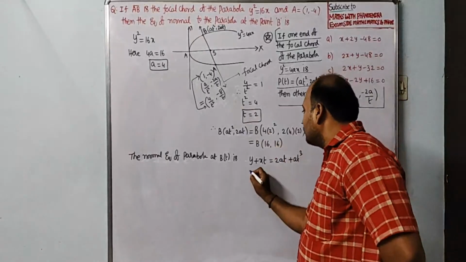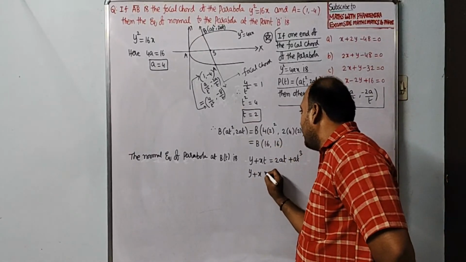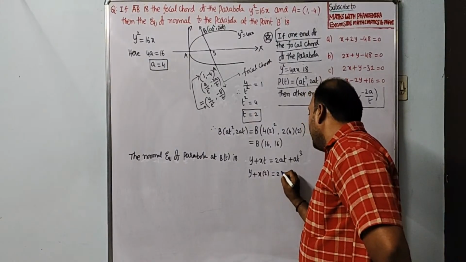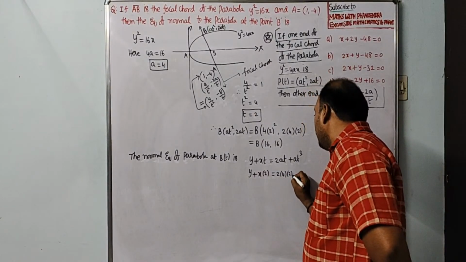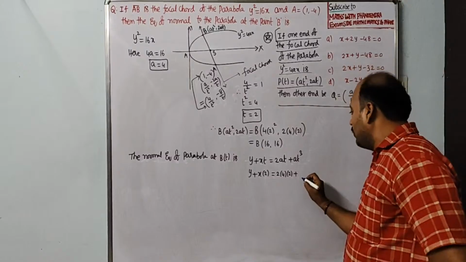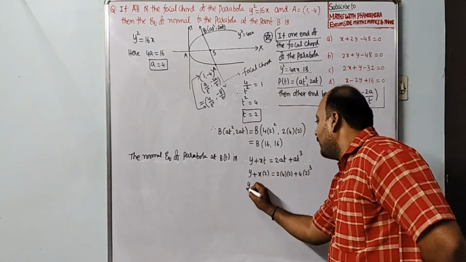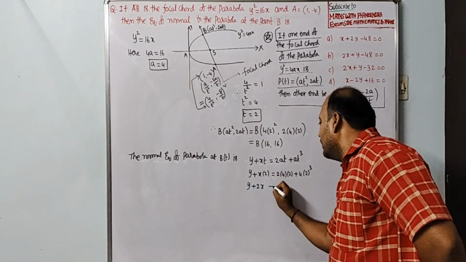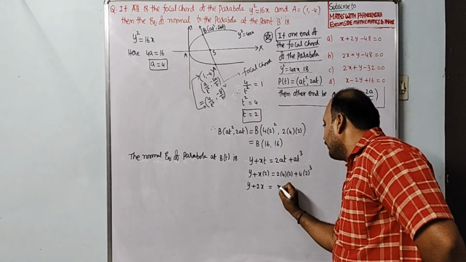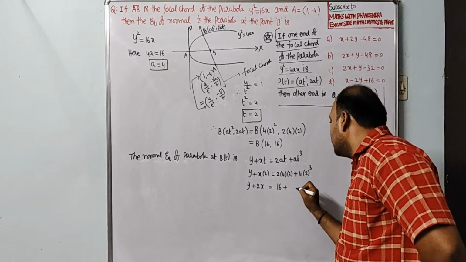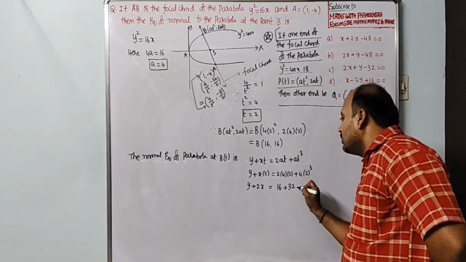Every value we know now. So y plus x into t value is 2, 2 into a value 4, t value 2, plus a value 4 into 2 cube. So y plus 2x is equal to 16 plus 8 for the 32, so 48.